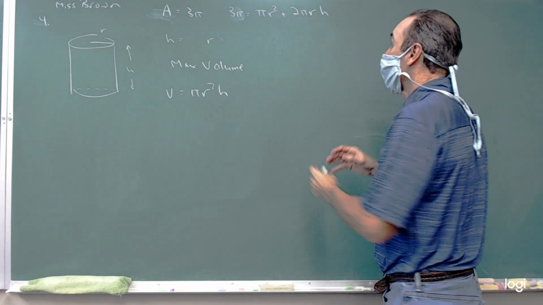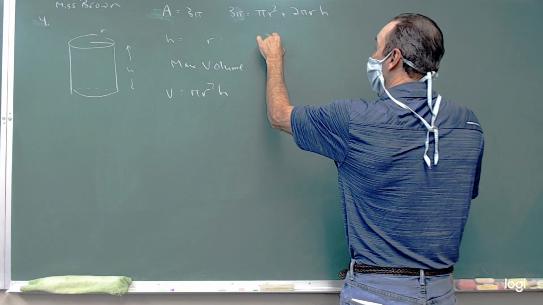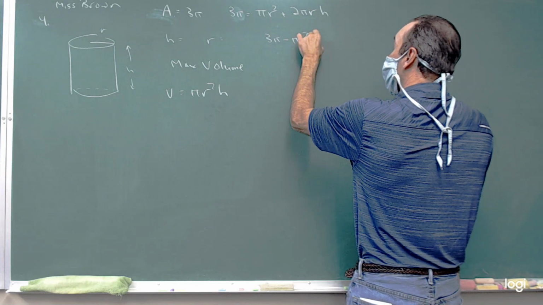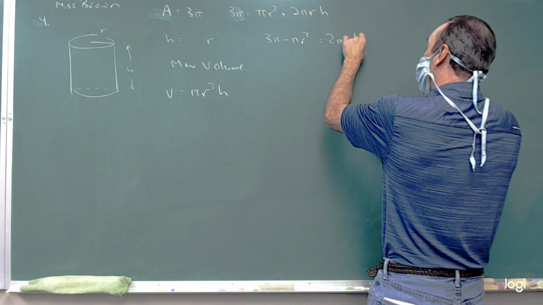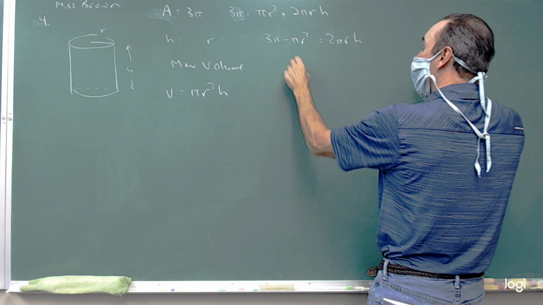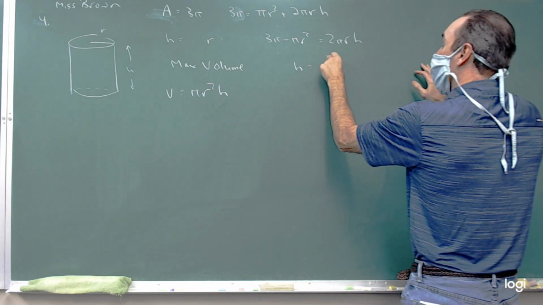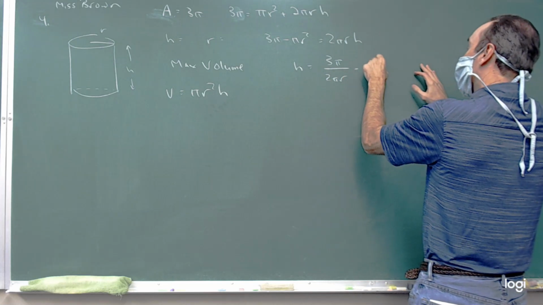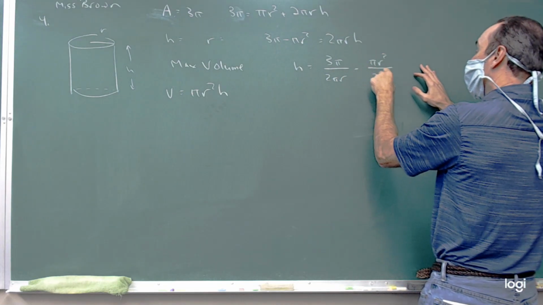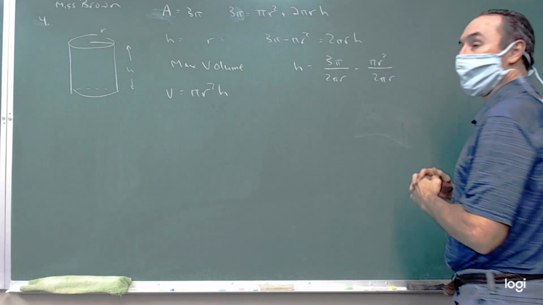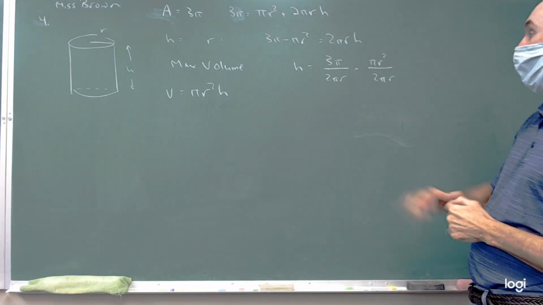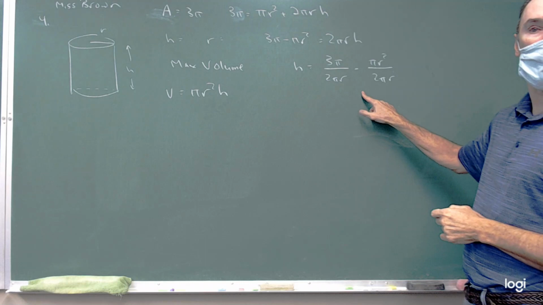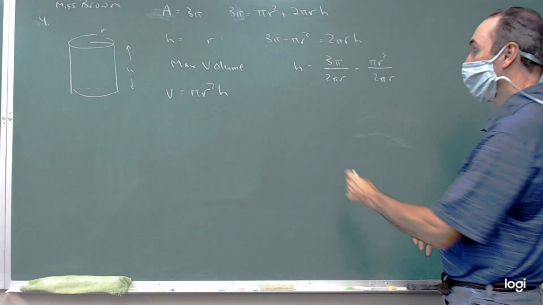Okay. So I'm going to subtract the pi r squared, and then we'll divide through by 2 pi r. I think it might be easier to do them separately so we can get whatever cancellation we can. So I'm going to put them into 2 terms instead of one big fraction.